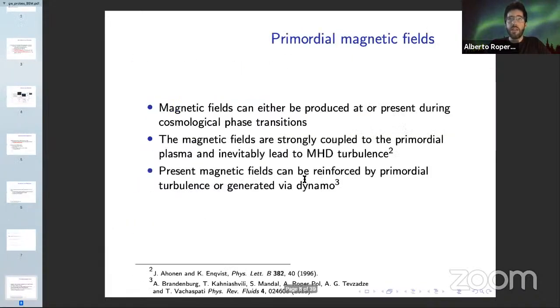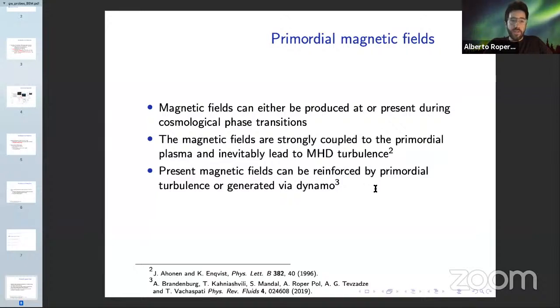Let me go very quickly through some details on the primordial magnetic fields, but I will focus on the production or presence of magnetic fields during cosmological phase transitions. They are strongly coupled to the primordial plasma, and therefore we expect them to generate magnetohydrodynamic turbulence, as has already been explained in previous talks.